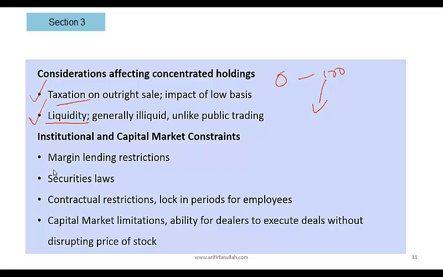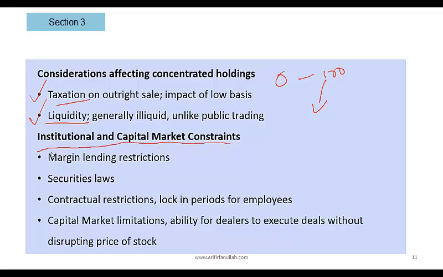The other, what if he wants to settle the portfolio or get out of it? What if he can't get out of it? What if there are very limited number of buyers for this holding? So that also plays a role. So there's liquidity and there's tax. The other angle could be that there are also constraints.